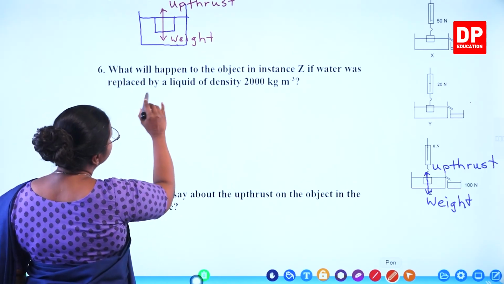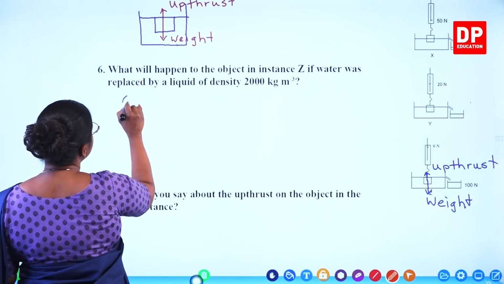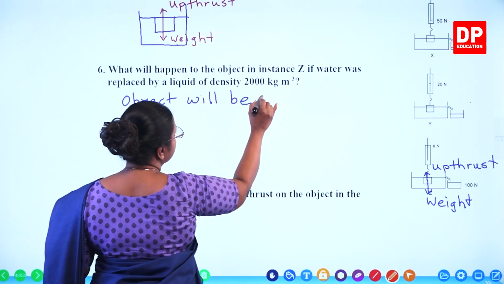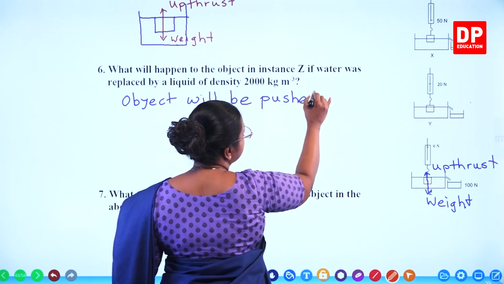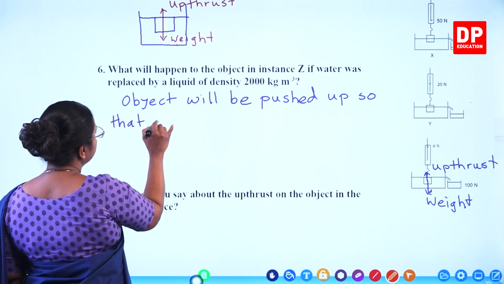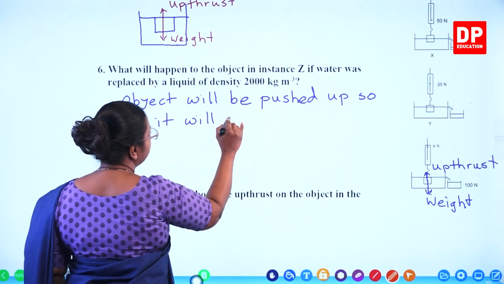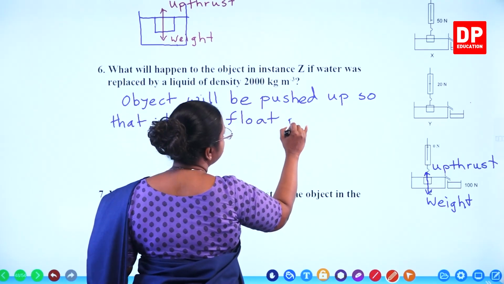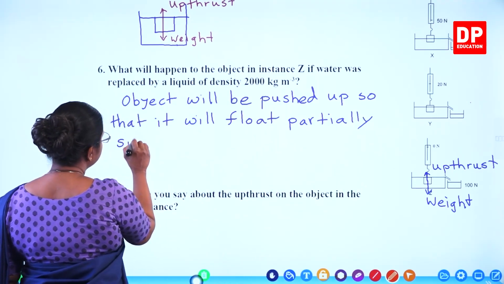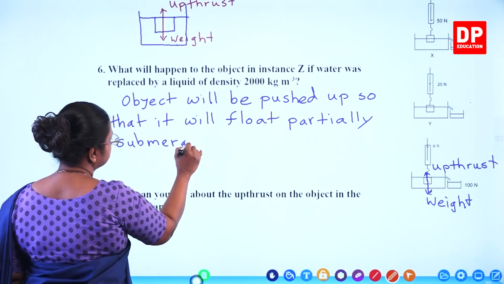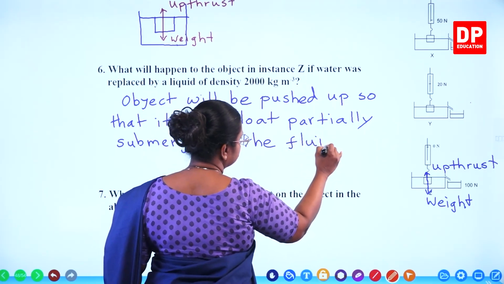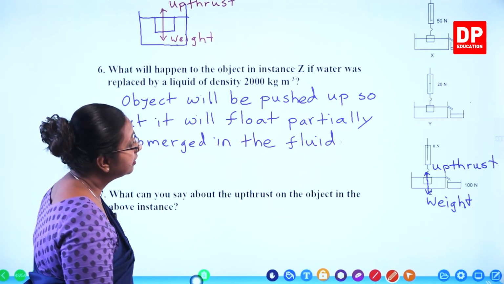So here we can say the object will be pushed up so that it will float partially submerged in the fluid. So that is what happens to the object.